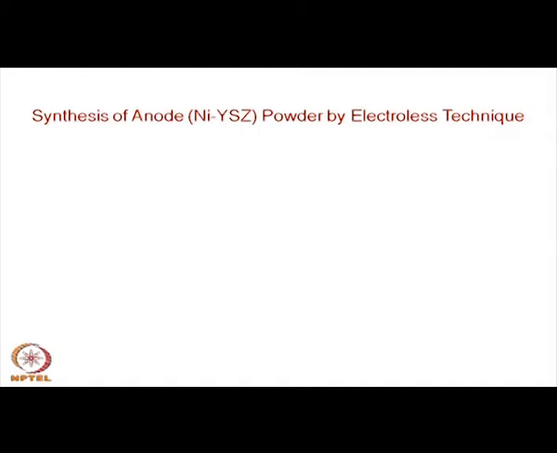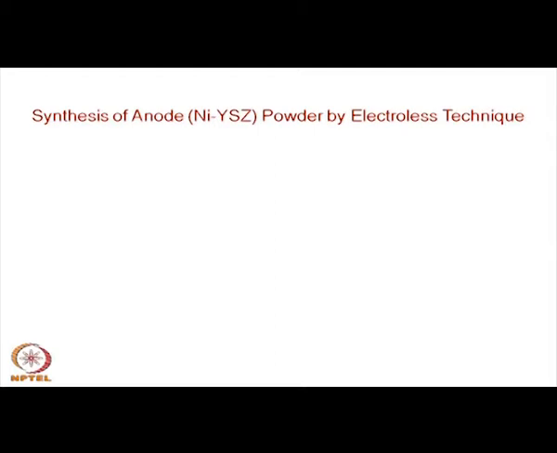Okay. So, the starting materials are always powders, and they can be synthesized by many different techniques like solid state sintering, which is one of the oldest ceramic processing techniques one can use because they are basically mixed oxides.